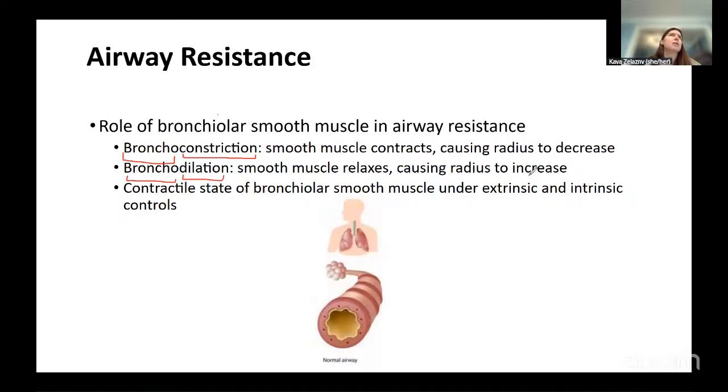So we're thinking like nerves, hormones, and some intrinsic factors as well. So remember when we're thinking about like the effects of carbon dioxide and oxygen on the smooth muscle in our arterioles, when we're thinking about things like active and reactive hyperemia, right? We're going to see basically those same gases are going to affect our bronchioles as well. So those are going to be part of our intrinsic control.